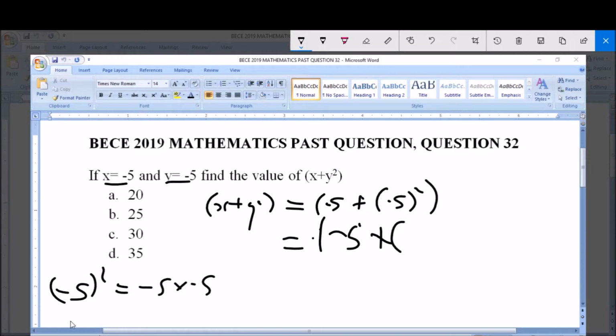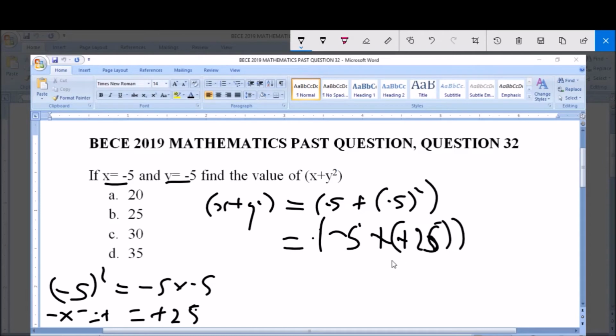And like we know, when you have minus times minus is equal to plus. So when you have minus 5 times minus 5 is equal to what? Plus 25. So therefore minus 5 square is equal to plus 25.